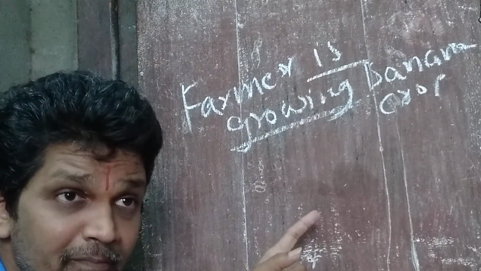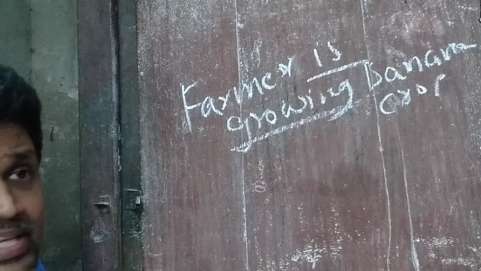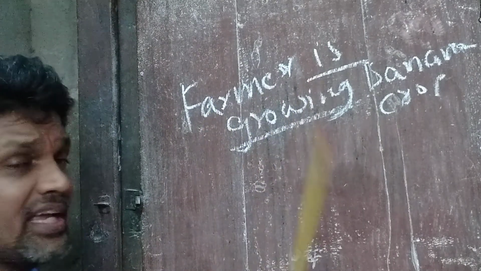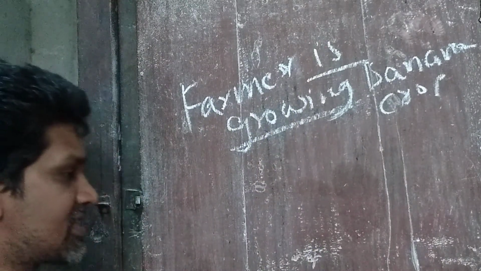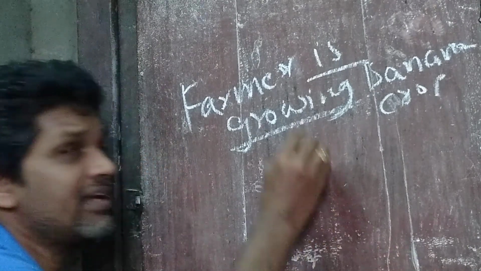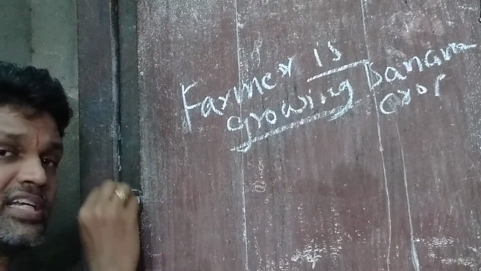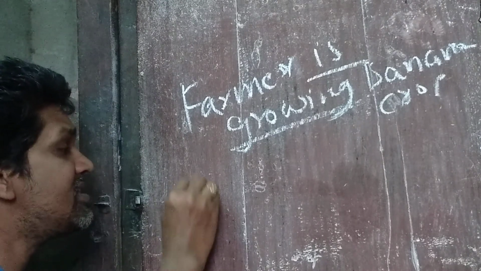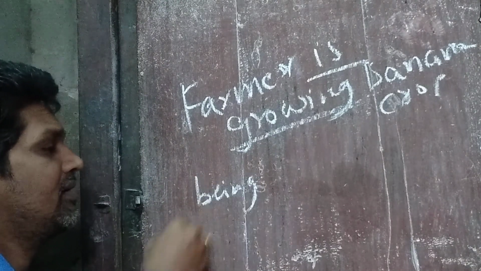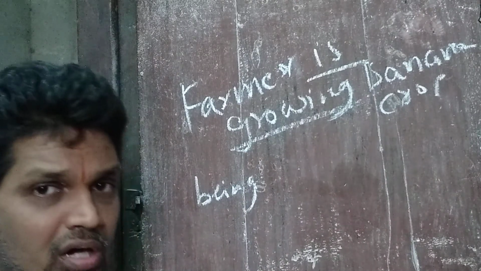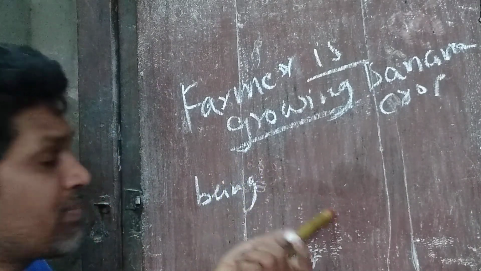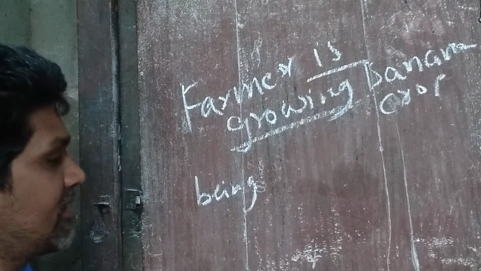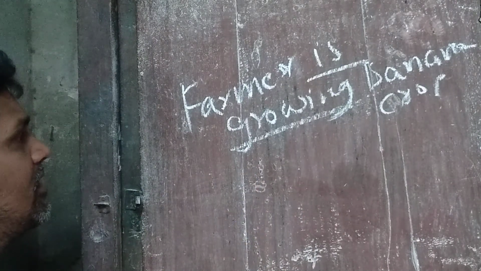And this is growing is in present continuous tense. And what is the formula for present continuous tense? Is or am or are plus being plus V3. In addition, we write being. See here.